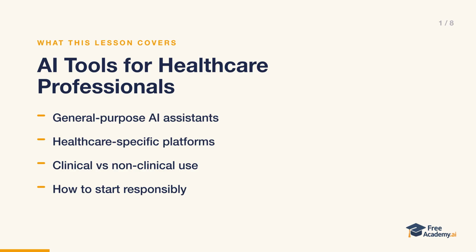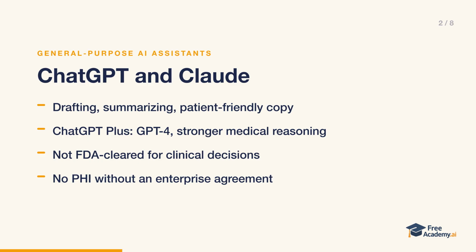By the end, you will know which tools to consider and how to begin using them responsibly without putting patient data at risk. Several widely available AI tools help with non-clinical tasks like drafting patient education materials, summarizing research, and administrative writing.